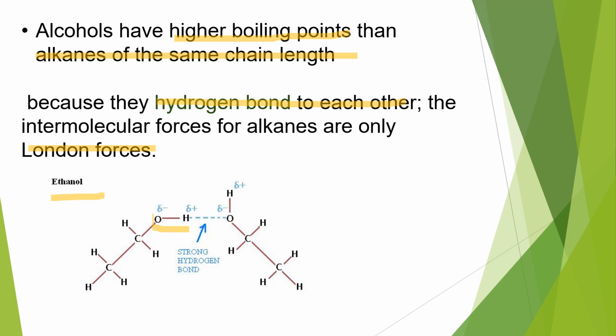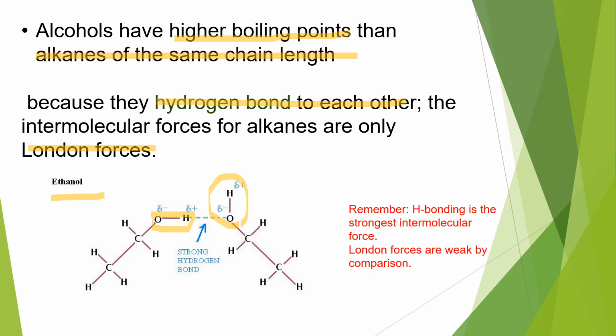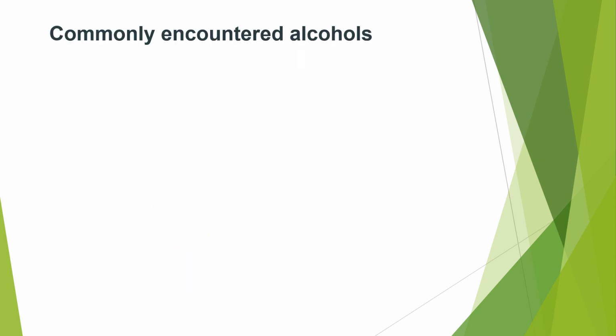The OH group of ethanol is capable of forming hydrogen bonds with its adjacent molecule. This hydrogen bond is quite strong compared to the London force present in alkanes. That is the reason alcohols have higher boiling points compared to their parent alkanes.